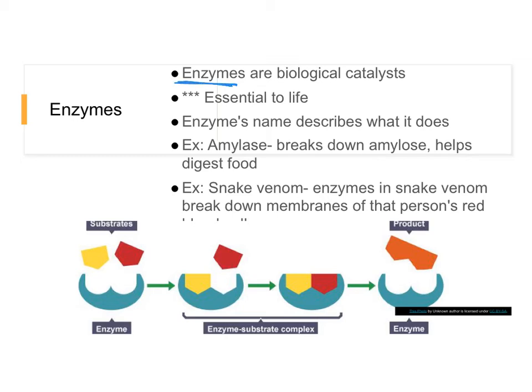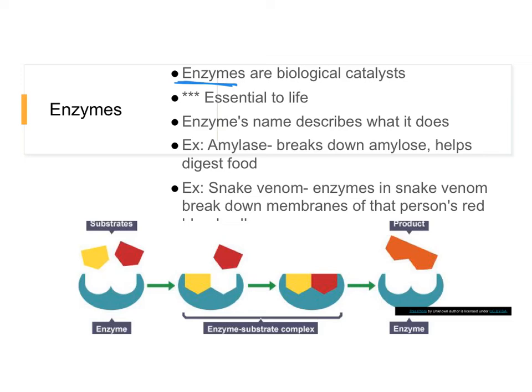Okay, so you need to know this vocabulary word. An enzyme is a biological catalyst, so it speeds up reactions in any sort of living organism. And enzymes are essential to life. We need some of our enzymes to help us properly function as a human.